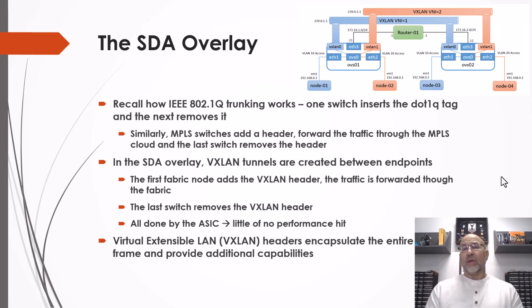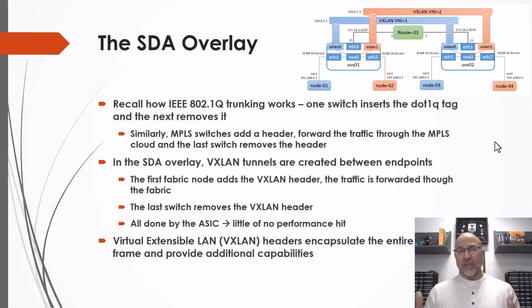So when this traffic leaves, the VXLAN tags or header is included and then it's sent to the destination, and the receiving switch removes all that stuff. So it's very, very similar. The difference here is that there's a controller in the middle that's deciding how this is going to work. Now, one thing that the chapter talks about is the performance hit.